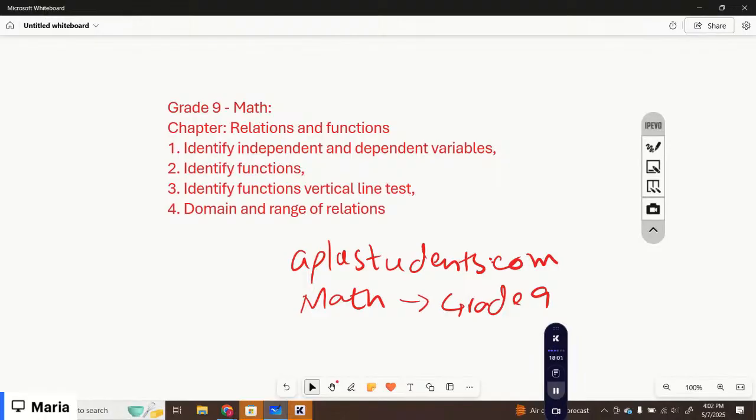So please make sure you have your notebook and pencil so that you can note down the important examples and definitions very well.